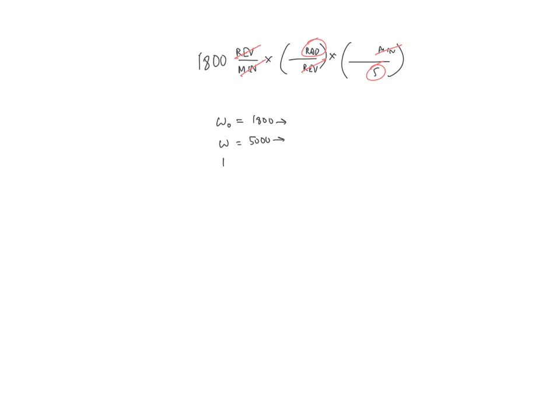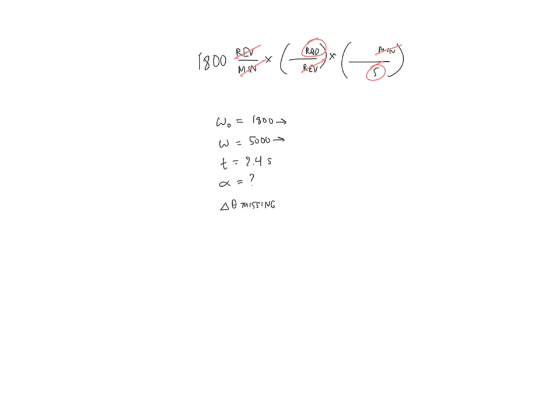The t is the 2.4 seconds, and you're trying to find the angular acceleration, that is alpha. So just pick the appropriate kinematics equation. That's the one that is missing the delta theta, which is the first kinematics equation, and you should come up with the answer given, 139.6 radians per second squared.